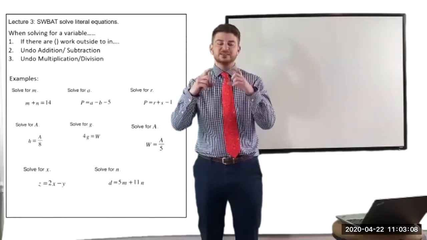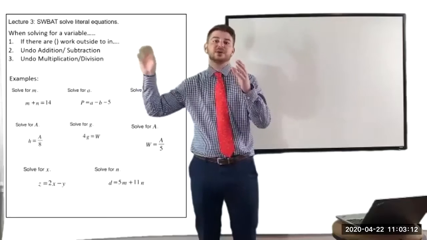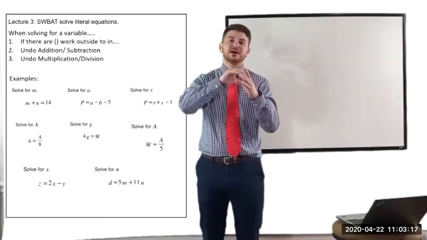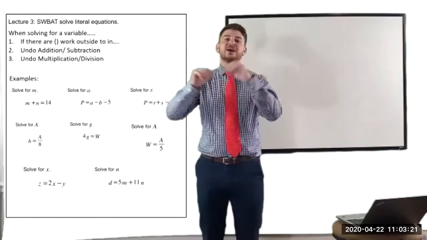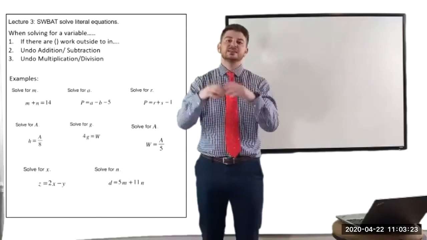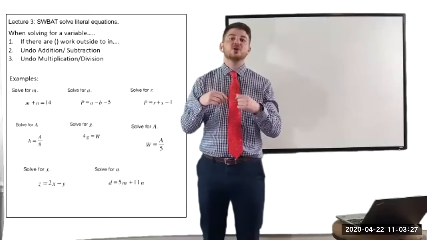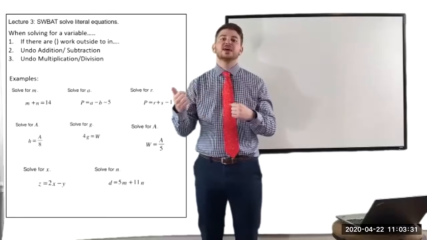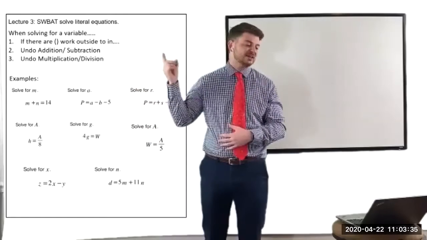So if you had parentheses, you're going to start with anything that's added or subtracted outside the parentheses. And then you would go to anything that's multiplied or divided outside the parentheses, okay? And then after you got rid of everything outside the parentheses, then you move to the inside, and it's the same steps. So if you're going backwards, always start by undoing addition and subtraction, and then undo multiplication and division, okay? So those are the main things that we're going to use.